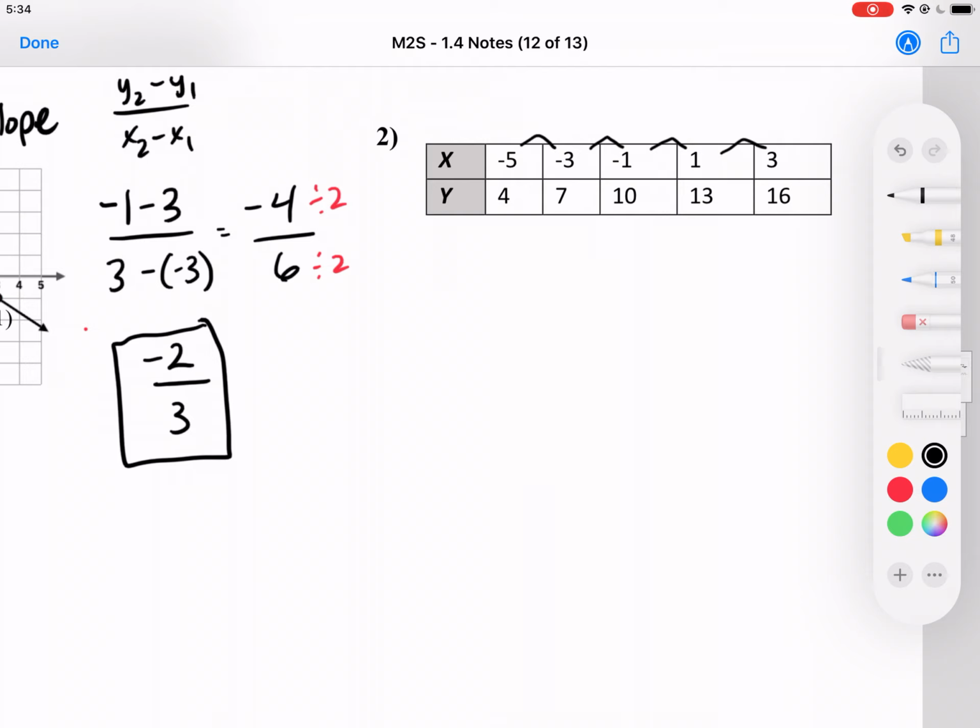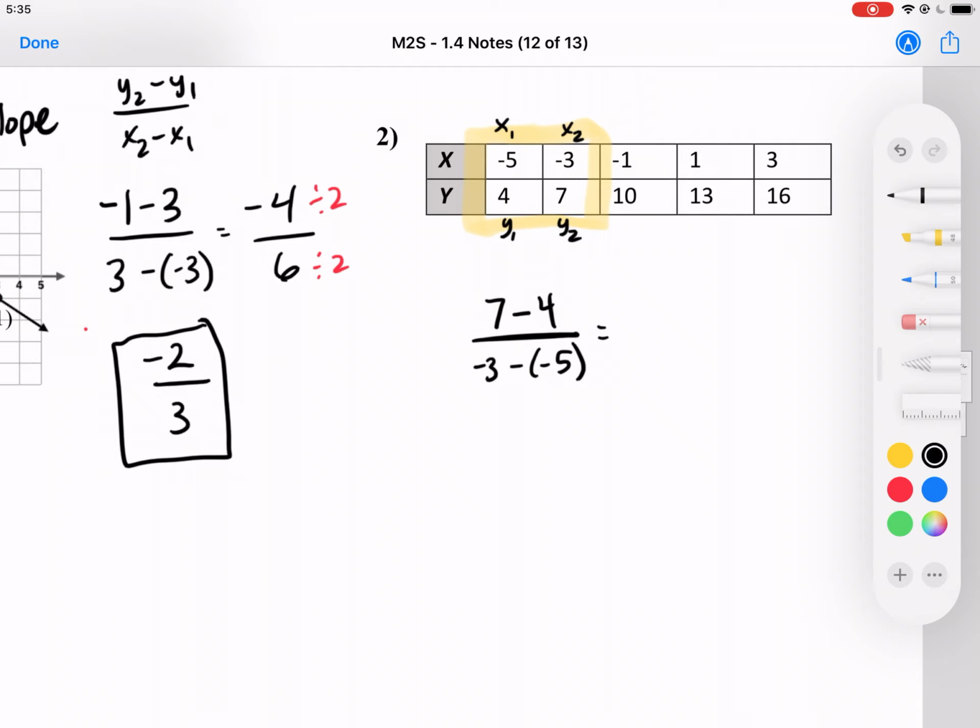There is another way you can do this, but the coordinate way is probably the easiest way to do it, and if you're doing the coordinate way like we did before, you don't have to worry about the equidistance. So I'm going to say this one's x1, this one's x2, and this one's y1 and y2. We'll do y2, so 7, minus y1, which is 4, all that over x2, so negative 3, minus x1, so minus negative 5.